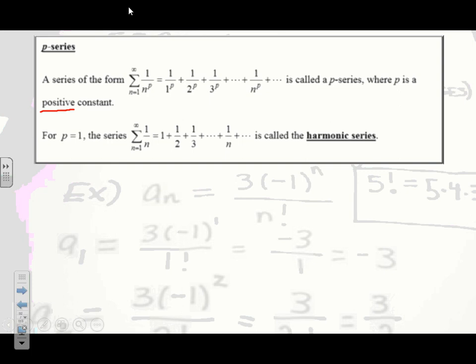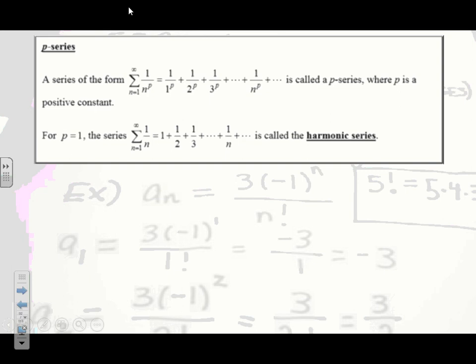Now, within this family of series, this p-series is a whole bunch of different series defined by this form. A special case is when p is equal to 1, so when we get the series 1 over n, we call that the harmonic series.